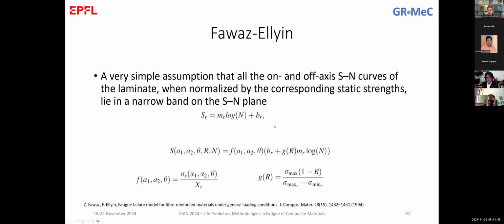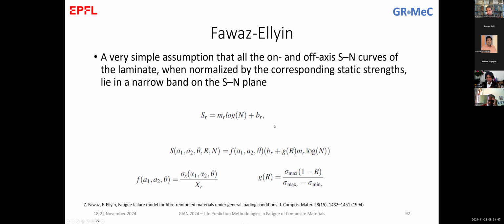There is another criterion from Fawaz and Ellyin back in 1990-something, I don't remember exactly. Yeah, 1994, I have it here. It was a very simple approach, a very, very smart idea, actually. Fawaz and Ellyin suggested that you can estimate the off-axis SN curve of a material if you know one.